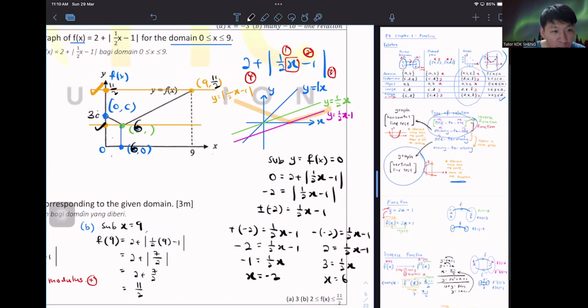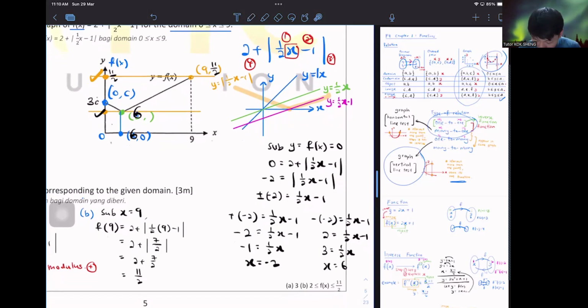Wait, oh, I know what I did. Sorry, there's one mistake here. I missed out this part because of this graph. Just now we said that this graph here, you move on top by 2 units. Which means this number here is using the graph before you move up.